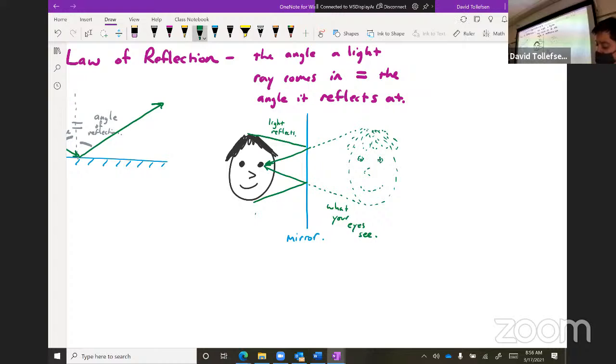Kind of creepy. You see yourself in the reflection of the mirror, and it looks like the light's coming through the mirror, but it's really the light reflecting off at an equal angle, and that's what you see.